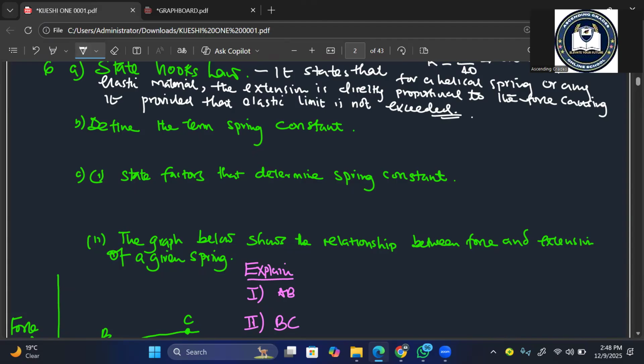A law remains to be a law. A law never changes. Sheria ni sheria.